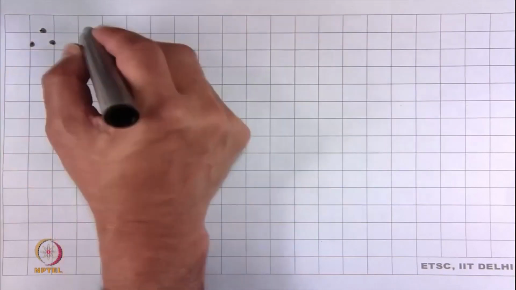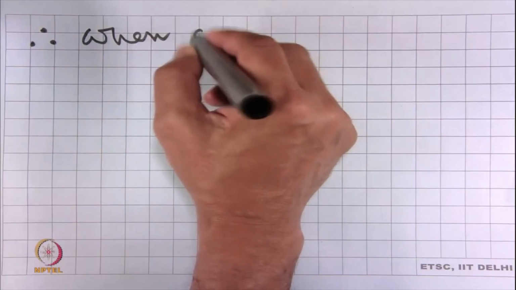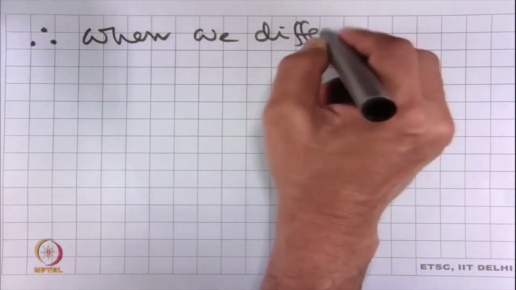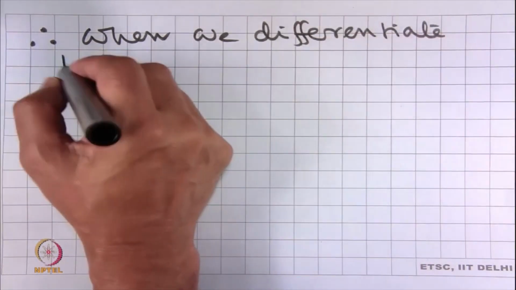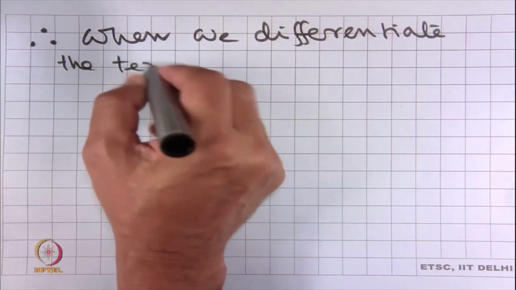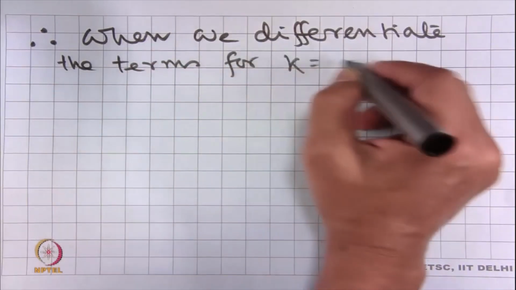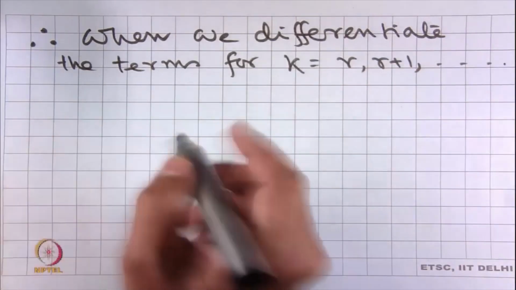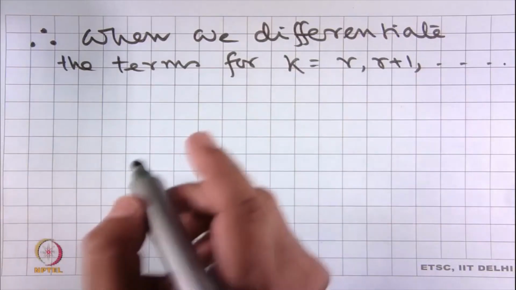Therefore, when we differentiate the terms for k is equal to r, r plus 1 up to this, they will keep on cancelling each other.